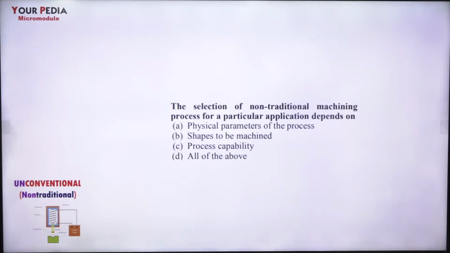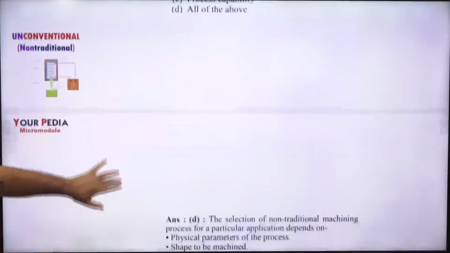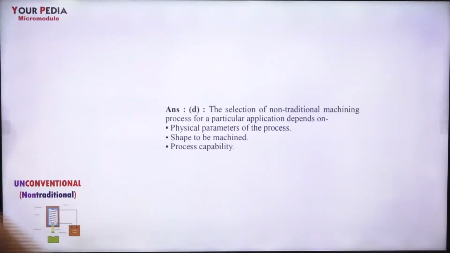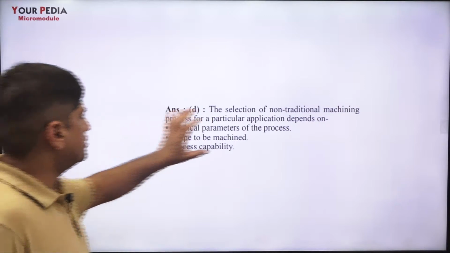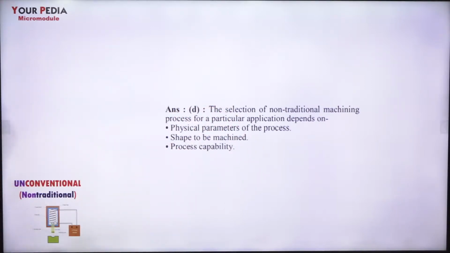So you want to go for all of these. The answer is all the parameters. Which non-traditional machining process you want to use depends upon many parameters: physical parameters, shape to be machined, process capabilities, etc.